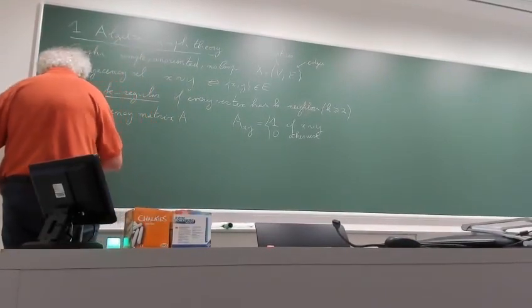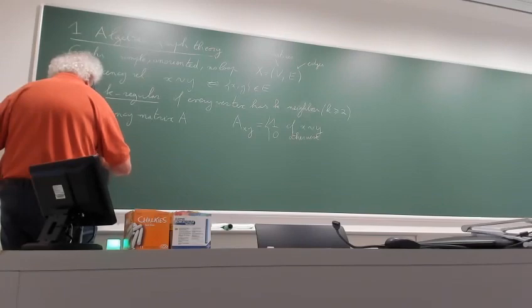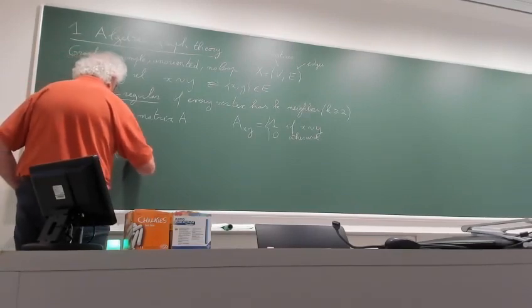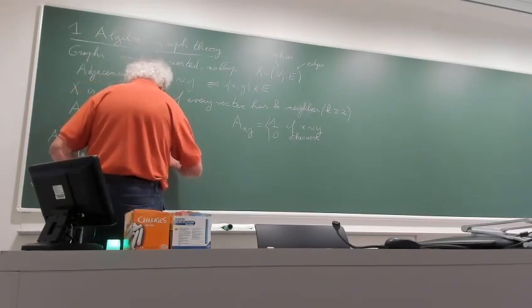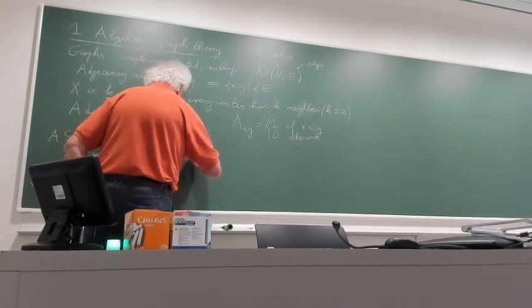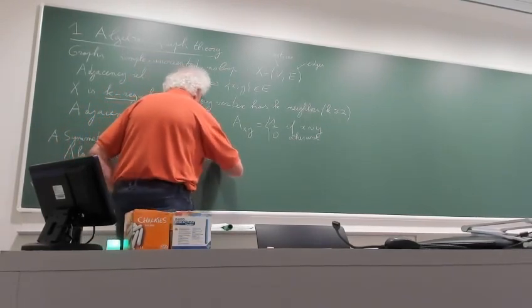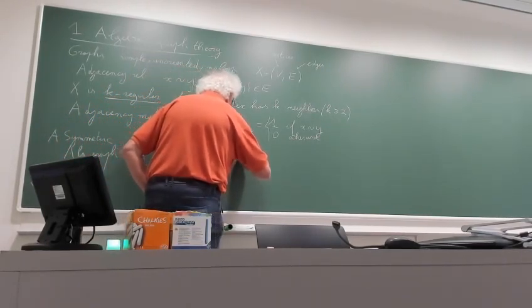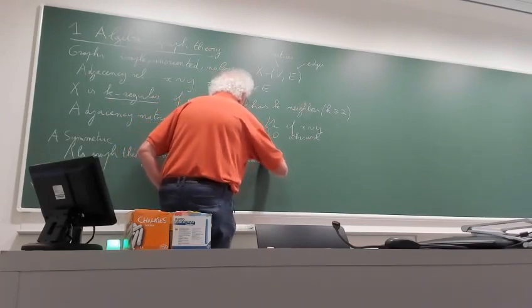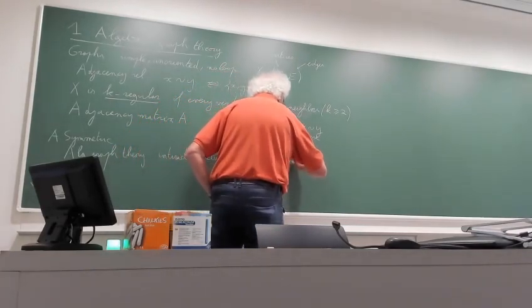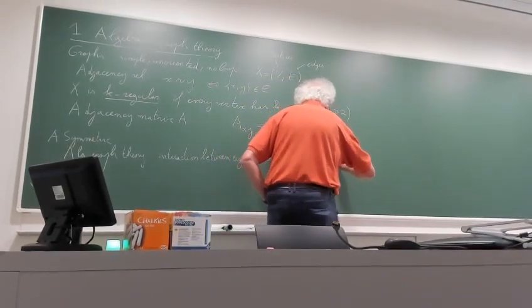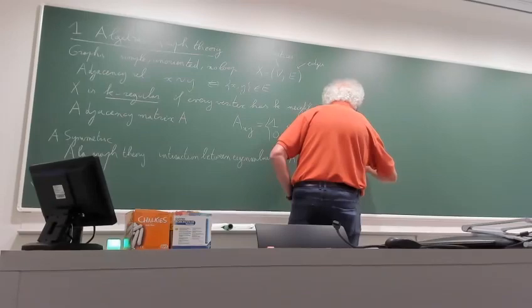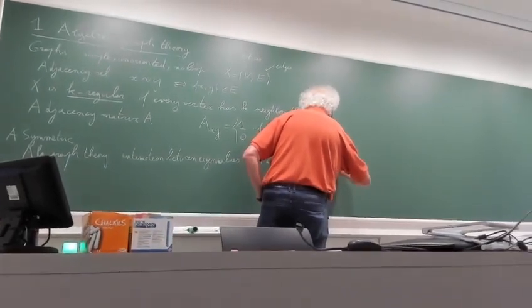So basically, if we want to define algebraic graph theory, it's, let's say, the study of the interaction between the eigenvalues of the adjacency matrix and the combinatorics of the graph.